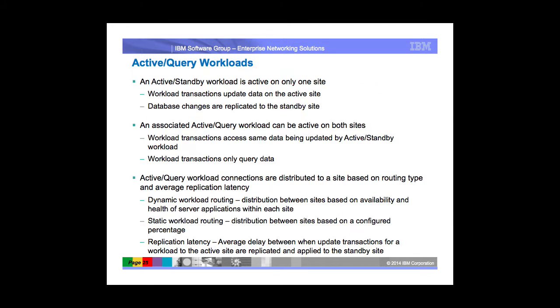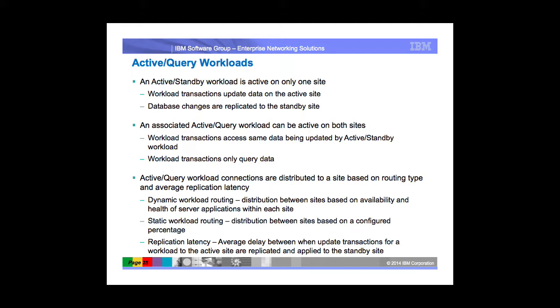So, active query. In short, what active query does is all of the read and all the write transactions are going to continue to go to your primary site. We can take those transactions that are read-only and send those transactions to the secondary site for the same workload.